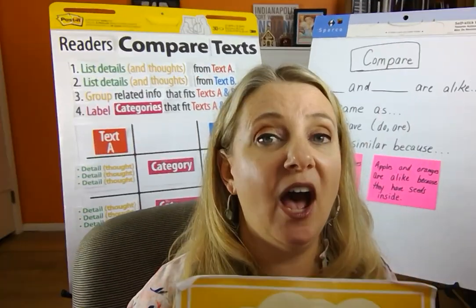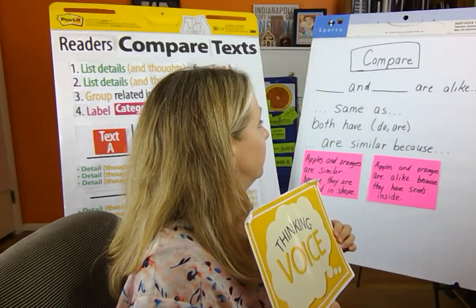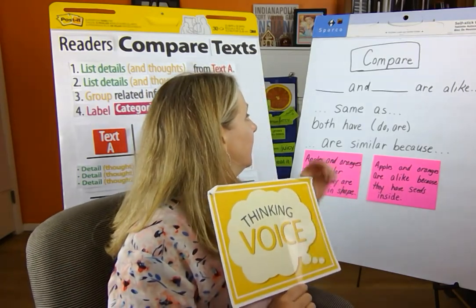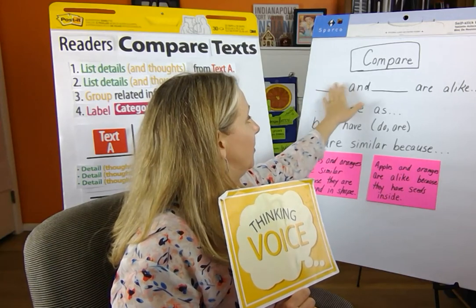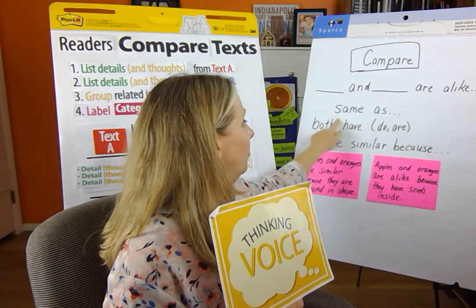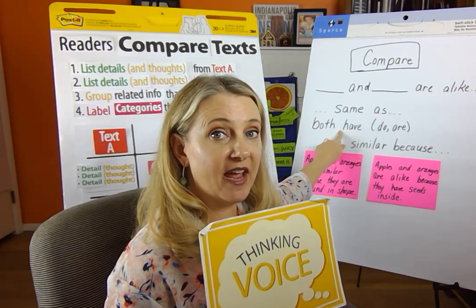Okay, so how would your thinking voice want to say that? Apples and oranges are alike. You want to say it like that? Or you know what word we were using a lot? We were using the word both. You want to try that?